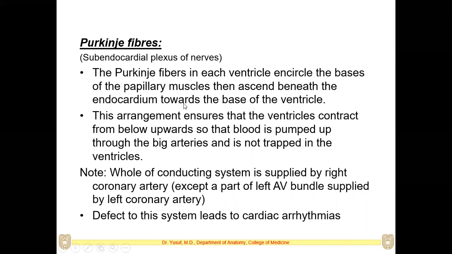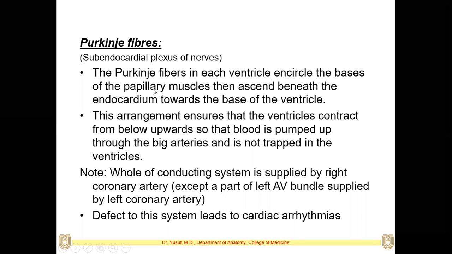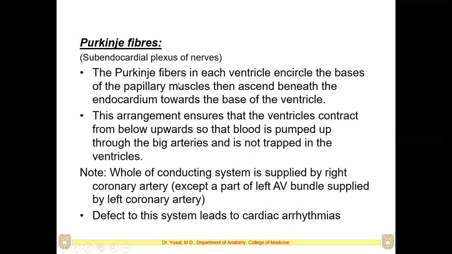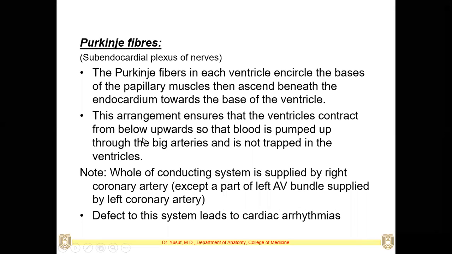Okay. The Purkinje fibers in each ventricle encircle the base of the papillary muscle. As I said, these Purkinje fibers will be divided at the base of the papillary muscle, then ascend beneath the endocardium towards the base of the ventricle, and they spread everywhere up to the base of the ventricle. This arrangement ensures that the ventricle contracts from below upward.